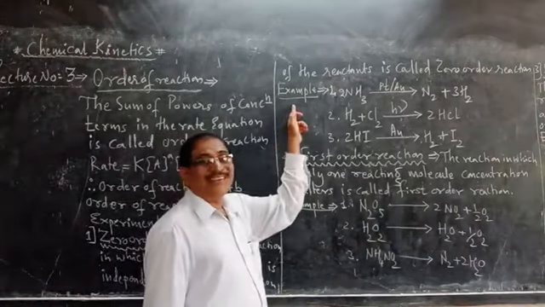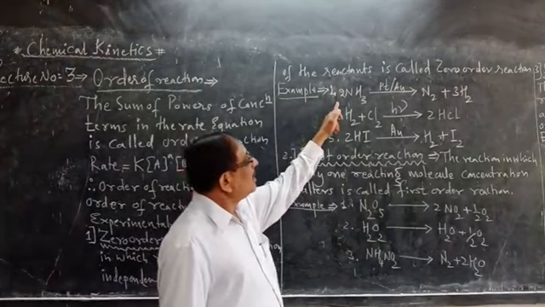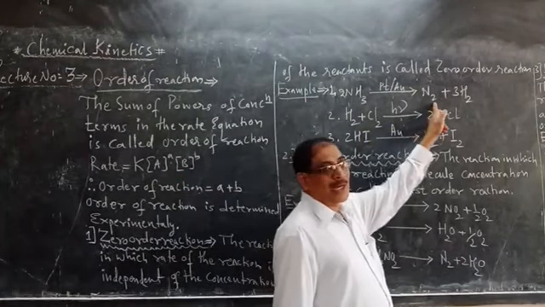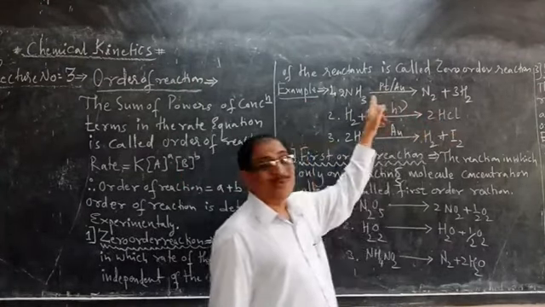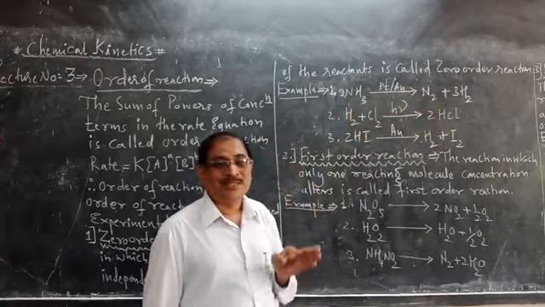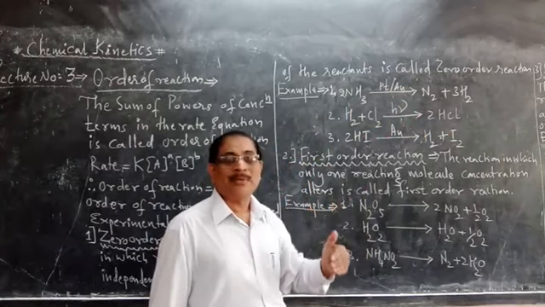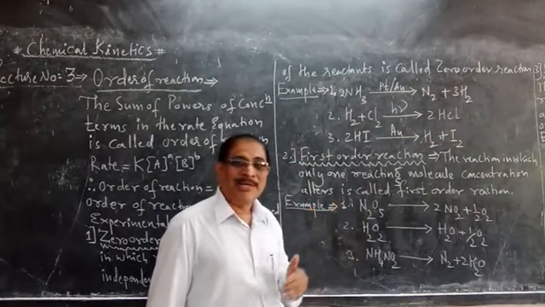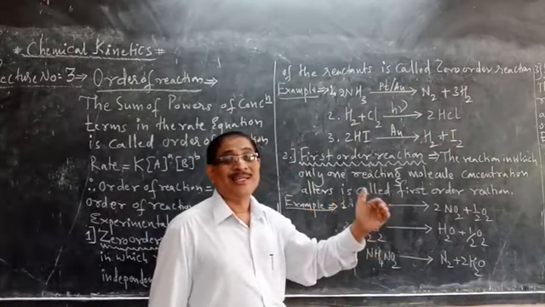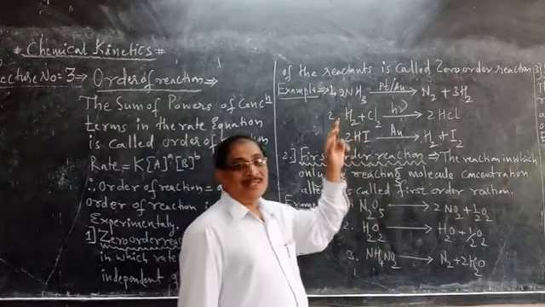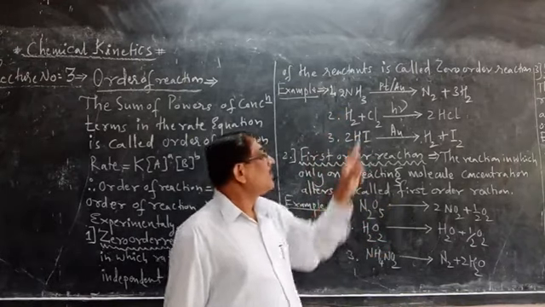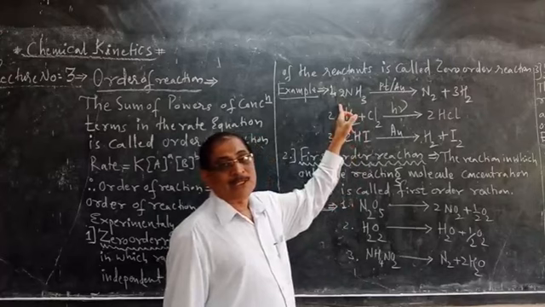Let us have an example. Ammonia decomposes to give nitrogen and hydrogen in the presence of a catalyst, platinum or iron. As you provide the reactant, the reaction will take place continuously. Therefore, rate is independent of initial concentration.